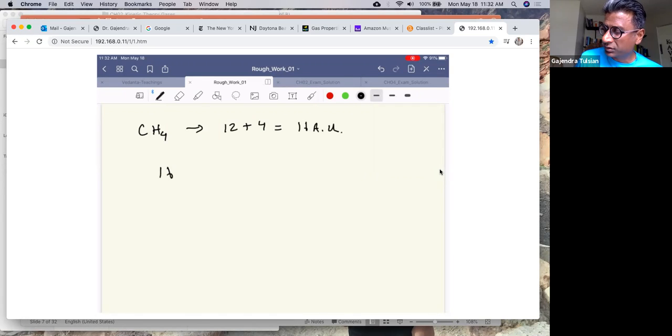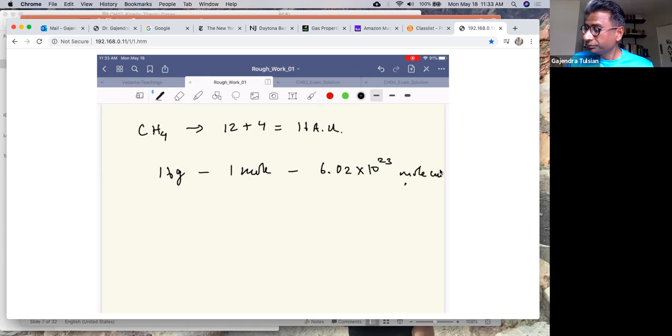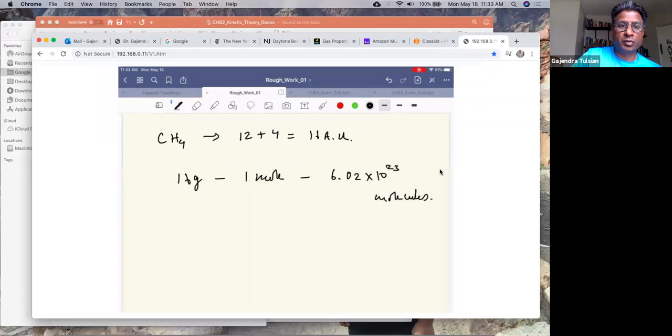If you take 16 grams of methane, you have 1 mole of methane, and you have 6.02 times 10 to the 23 methane molecules. That's how the mole works.